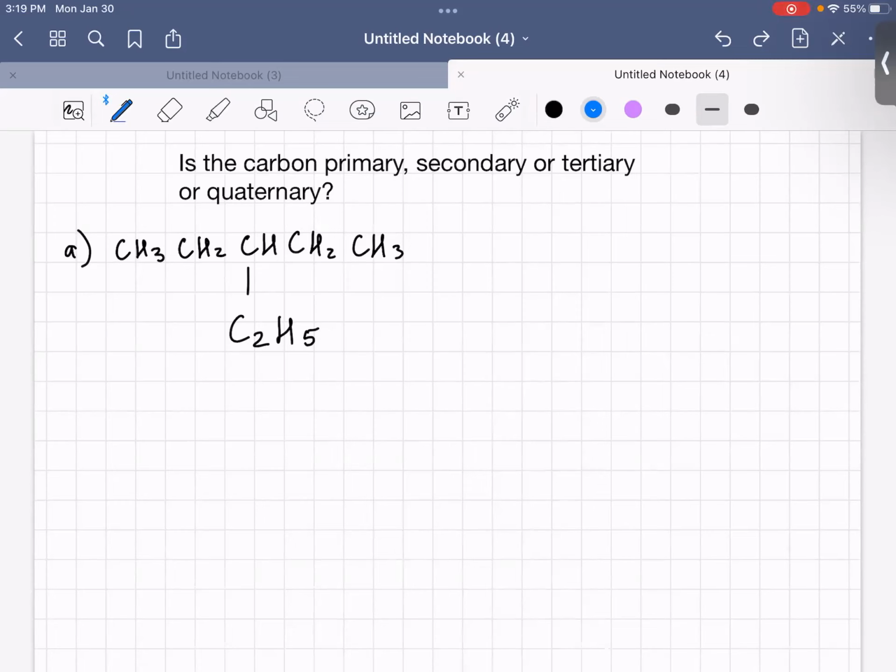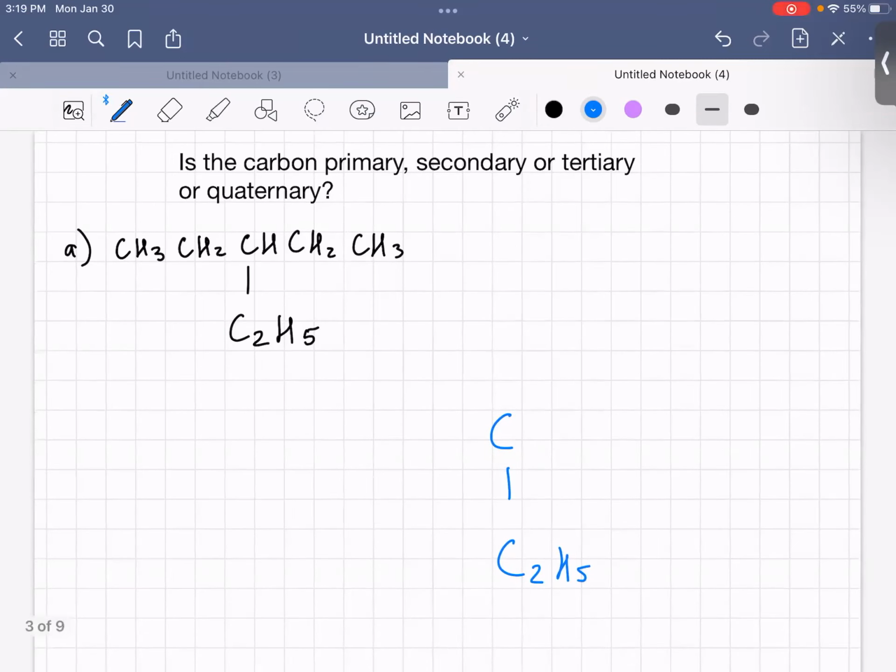So a primary carbon is bonded to 1 other carbon, a secondary is bonded to 2, a tertiary is bonded to 3, etc. So let's draw this main carbon. This is this one. So it's a C, and it's attached to some group here, which is again a carbon.